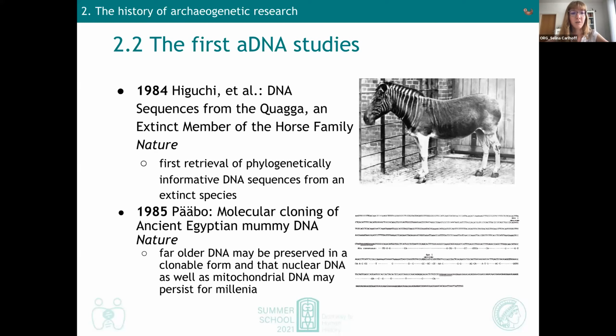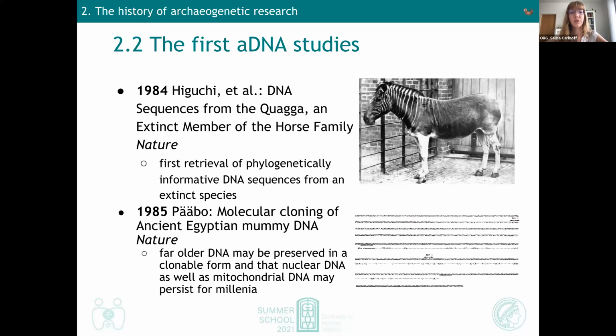And in 1985, Svante Pääbo, whom you might have heard about, was able to clone human ancient DNA from an Egyptian mummy.